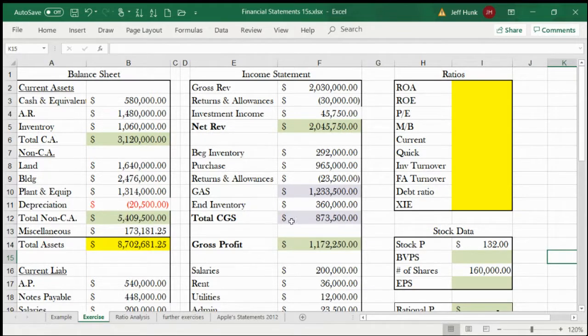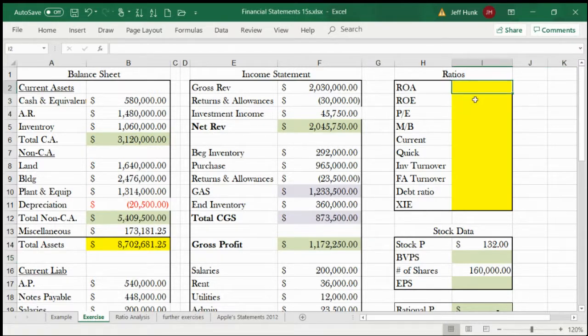Also, in the past couple of video segments, we did exercises with this file. The name of the bottom tab for our exercise is exercise.